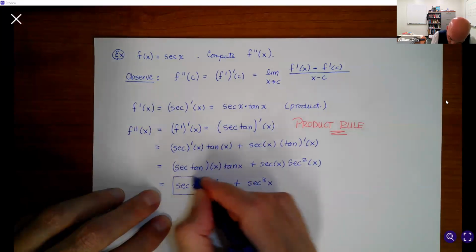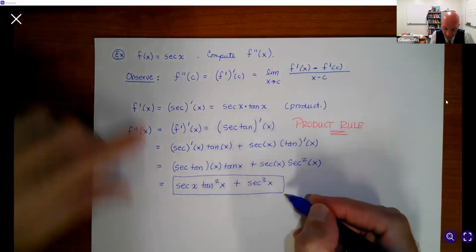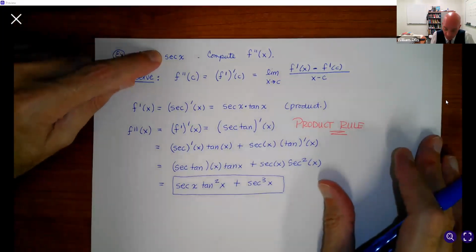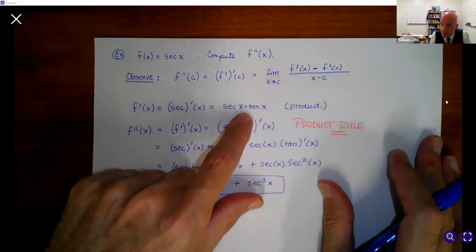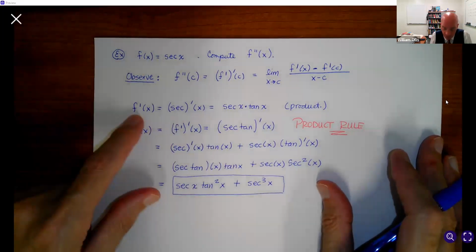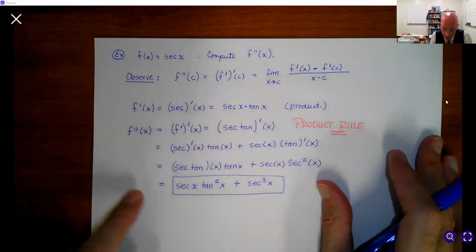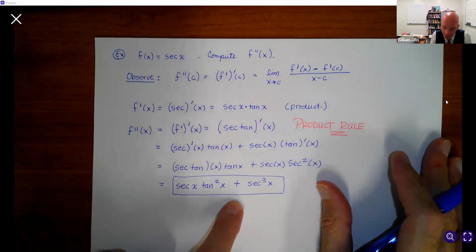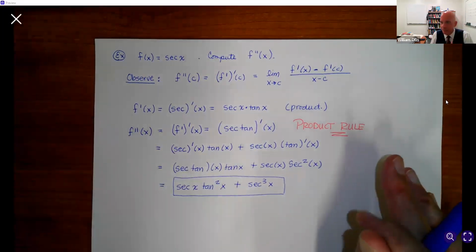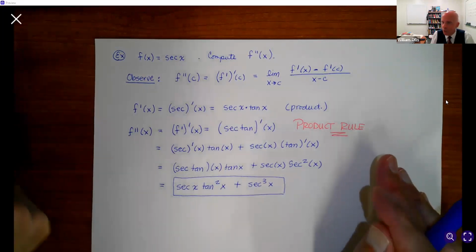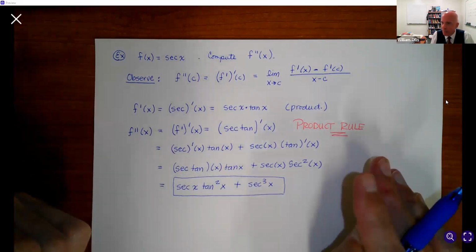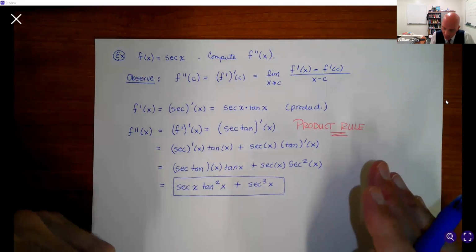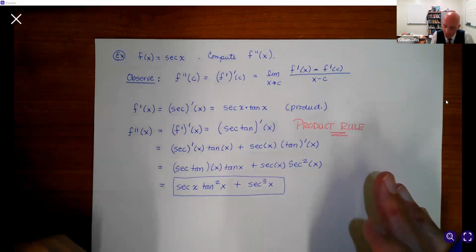This function. Now, the secant function is even, f prime is odd. F prime is odd, therefore the second derivative is even. Okay, so we can do that cascading bit because we know those results about even and odd functions when we are concerned with differentiation.